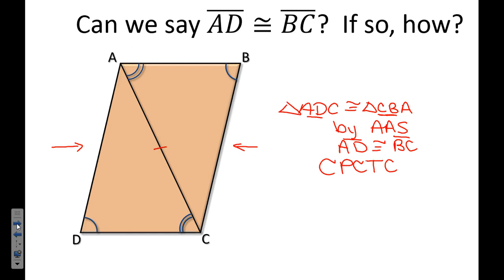Make sense? So, not a formal proof. Did you see two columns with statements and reasons here? Nope. I want you to draw the drawing and make the marks. If it's something easy like reflexive or vertical, you don't even have to write it up. Just show it in the picture. And then tell me the triangles are congruent and why, and that the parts you're looking for are congruent by our new theorem.